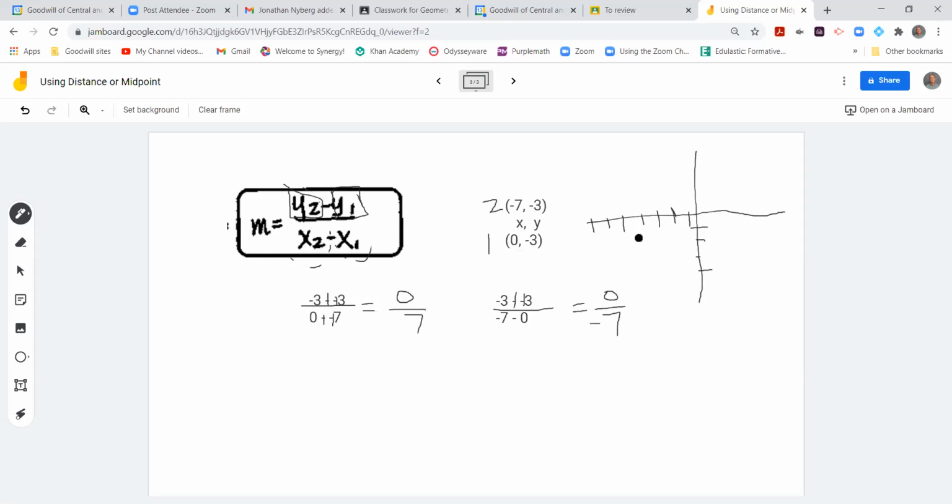So that first point is -7, -3. That's out here. The second point is 0, -3. Look at that. If you got graph paper, you're going to see right away that it's a flat line. It's horizontal. So you should know that the slope is 0.